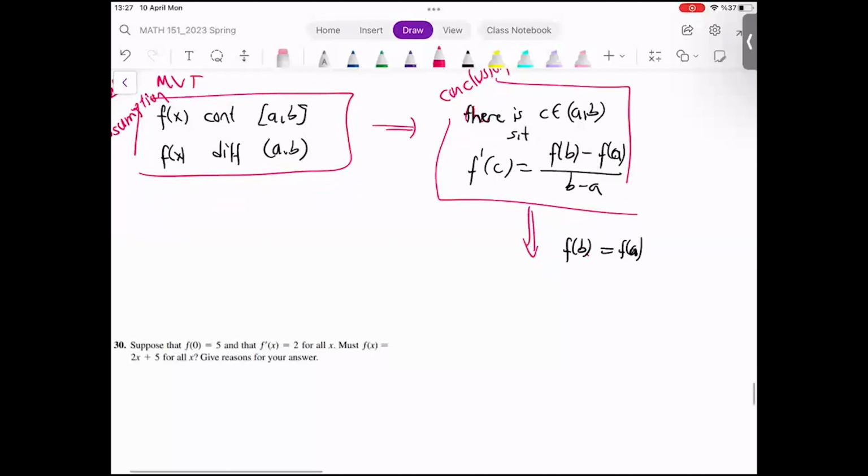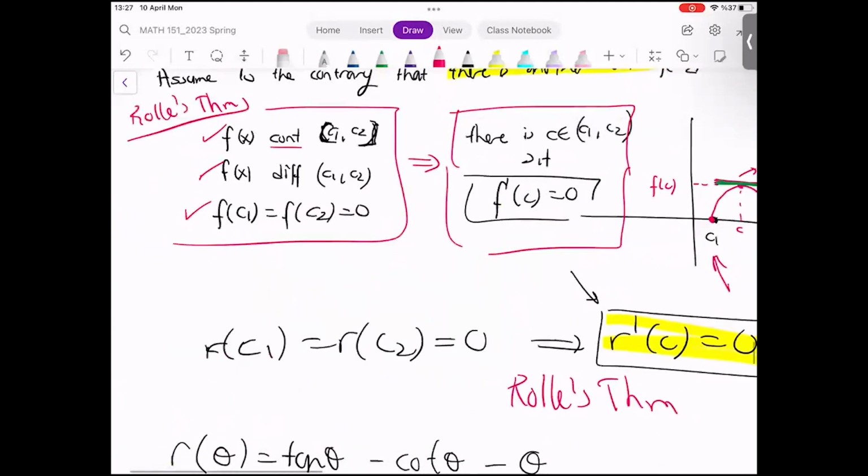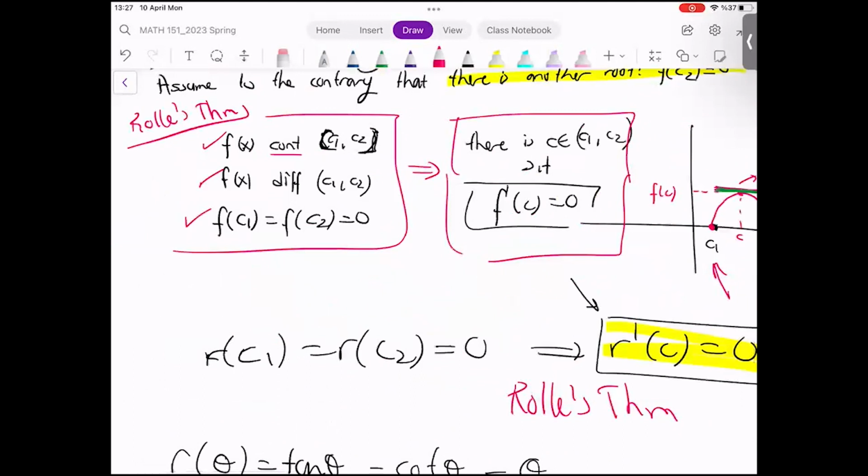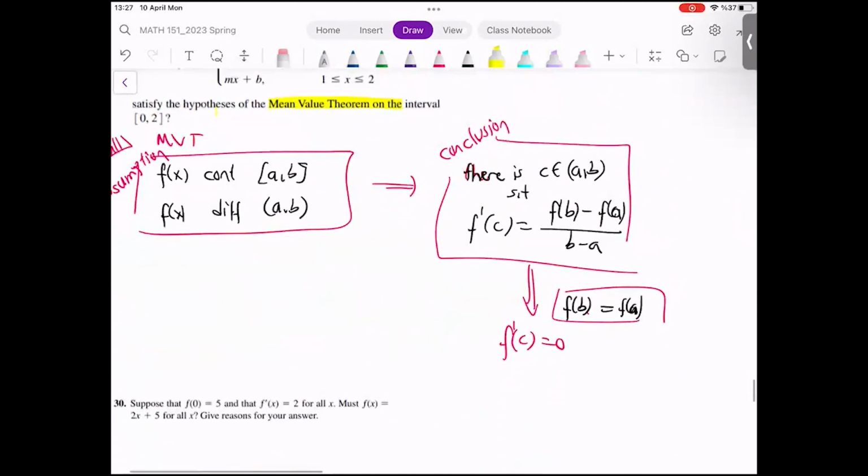So you see, we obtain the conclusion of Rolle's theorem. With this extra assumption, which is the third assumption of Rolle's theorem, remember? In Rolle's theorem, there is this third assumption with the equal images. The first two assumptions are the same. With this extra third assumption, the mean value theorem becomes exactly Rolle's theorem. So the mean value theorem is the general case. Rolle's theorem is a particular case of it.